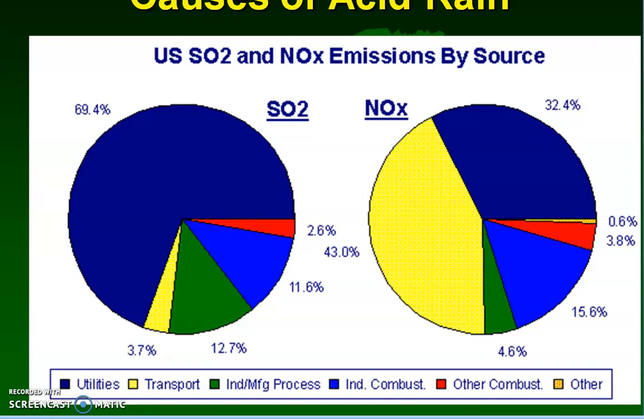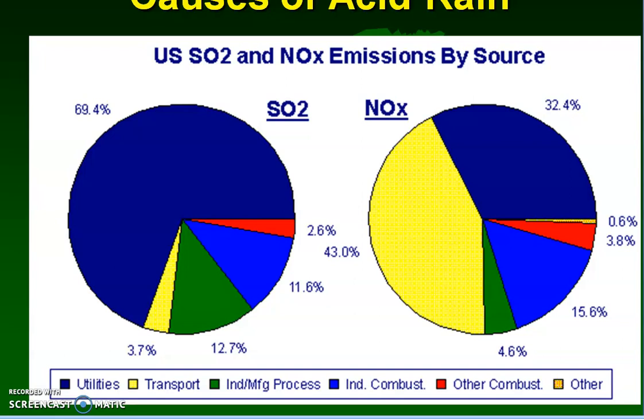In the first circle in this chart we can see that 69.4% of the sulfur dioxide is released from the utilities, and in the case of nitrogen oxide, transportation means are releasing 43% of the nitrogen oxide gases.